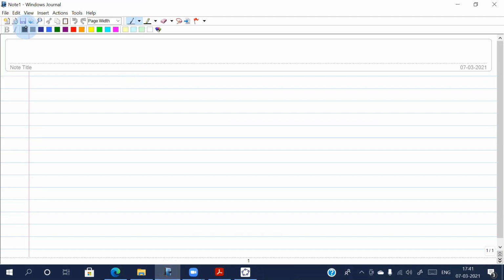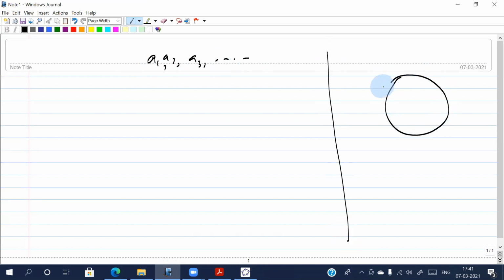So I will describe this by writing. Here is A1, A2, A3, and so on. On the side, you can keep your idea of the circle. A1 is the area of the triangle. For A2, you make it a square, the area of the square.